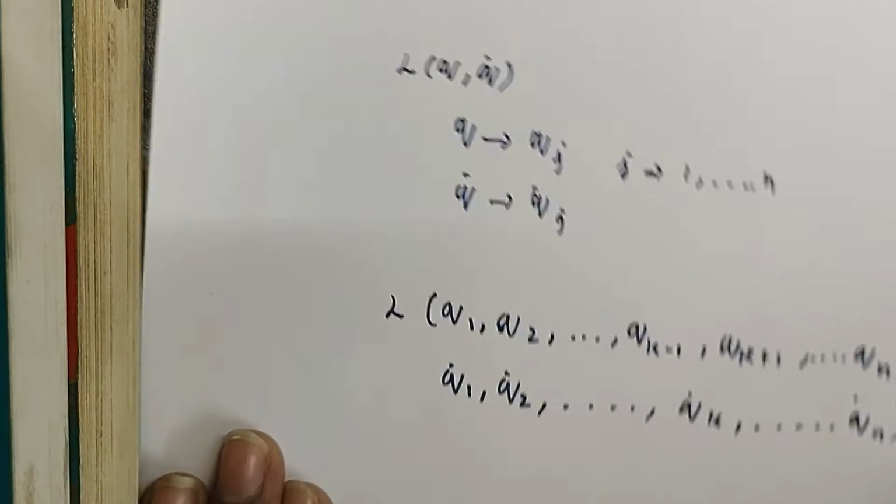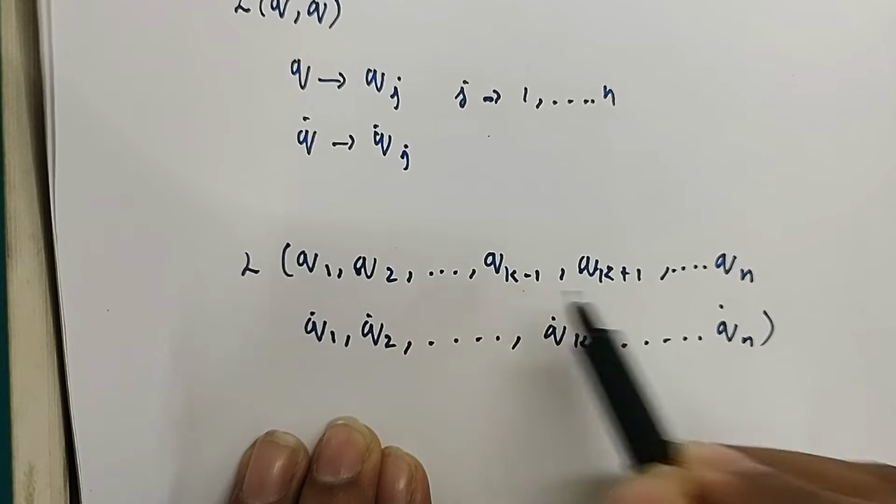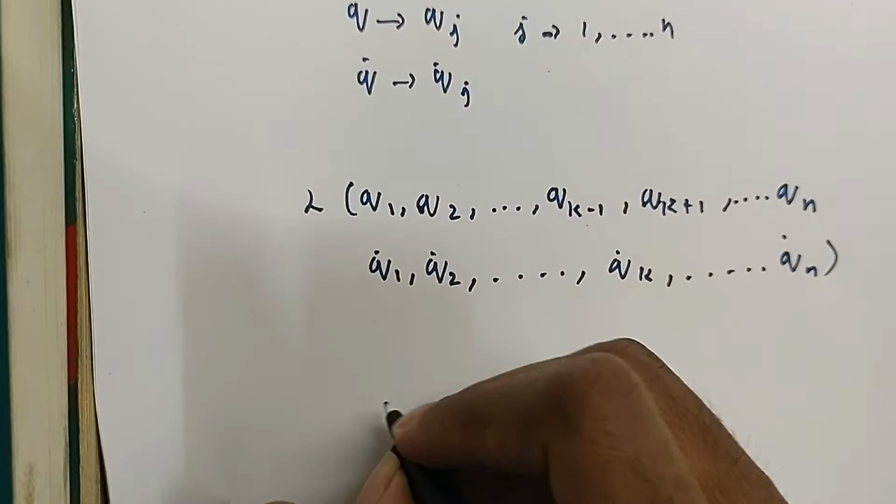So my Lagrangian depends upon these variables. It has q k minus 1, it has q k plus 1, but it does not have q of k.